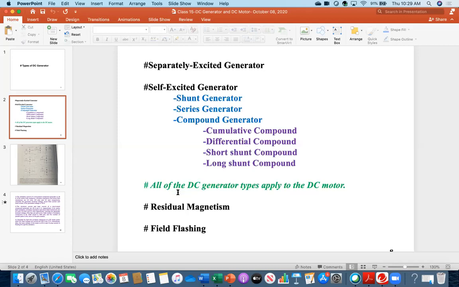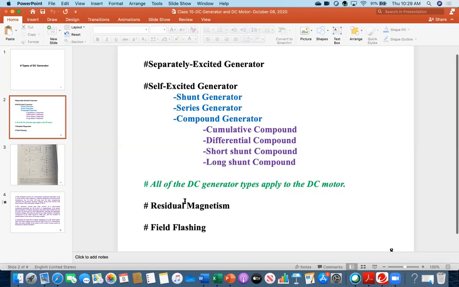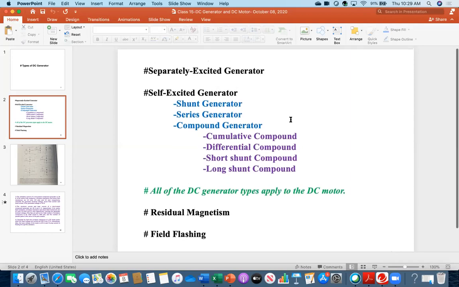All of the DC generator types apply to the DC motor, with exactly the same classification. As I am showing you through the picture, there is also the term residual magnetism, and another term called field flashing. What does that mean? Let me take you to the board, then it will be clear.